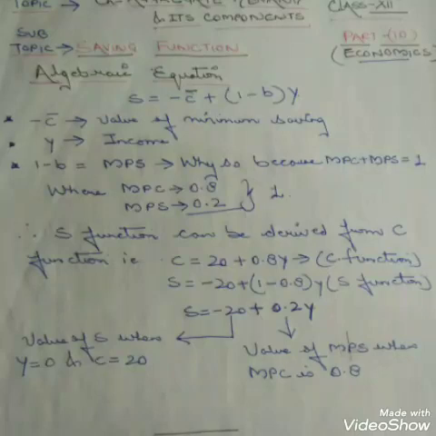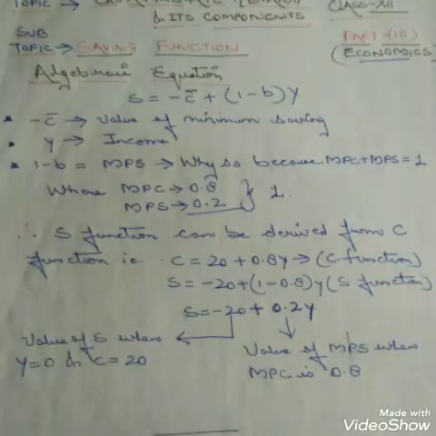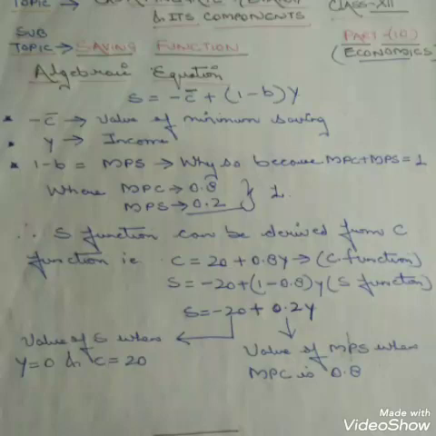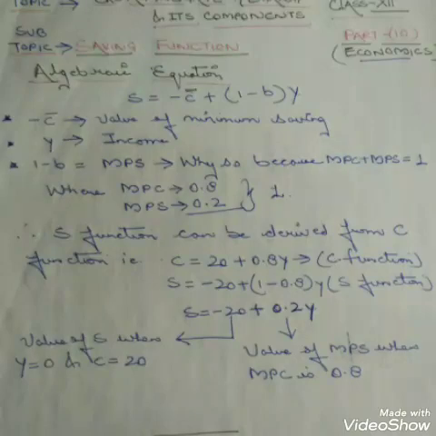If you remember, we saw the minimum saving in the previous video when we were doing the saving function. That was minus 20. Then Y over here indicates income, and 1 minus B indicates MPS. Why MPS? Because MPC plus MPS, where MPC is marginal propensity to consume and MPS is marginal propensity to save, equals 1.